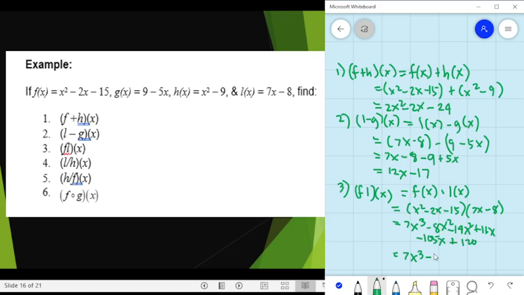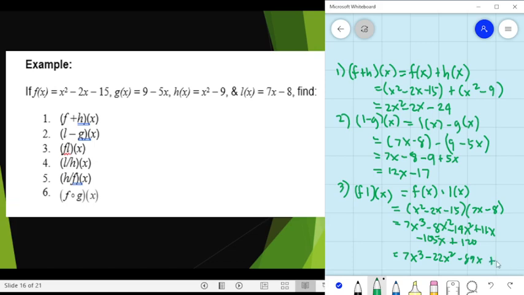The answer is negative 22x squared. Then we have positive 16 minus 105. So the answer is we have negative 89x.